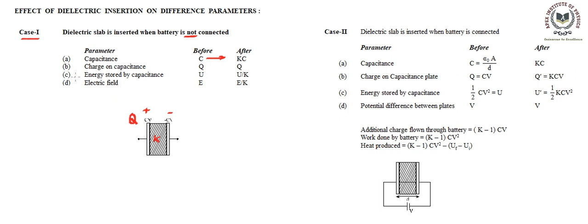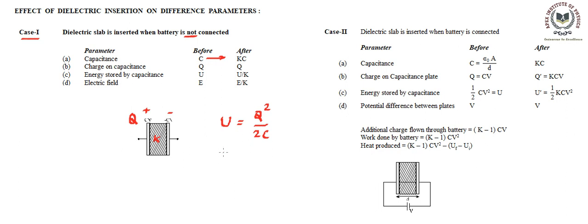Now next is energy stored in the capacitor. We have talked about the two parameters, one about capacitance, another about charge, and we know the energy stored is given by Q squared upon 2C. So using this formula we can find out what the effect on stored energy is going to be if dielectric is inserted.